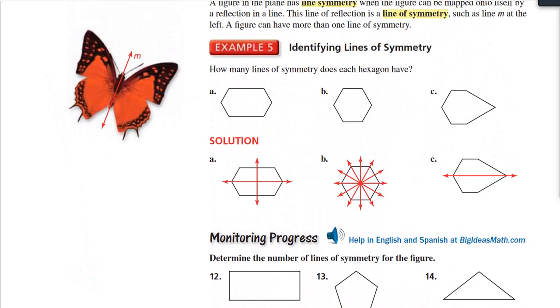It's hard to do this interactively with you guys, but just notice this has a line of symmetry that goes through these points, but also there's this, right? It's any place where you could fold it and everything would perfectly match. I can't go this way though, because this side wouldn't match up with this side. But this one also has tons of lines of symmetry the same way.